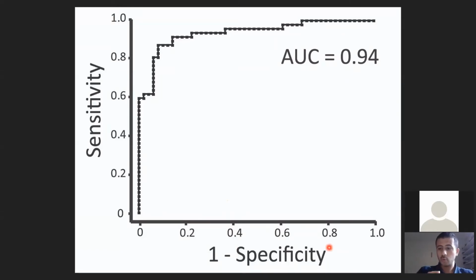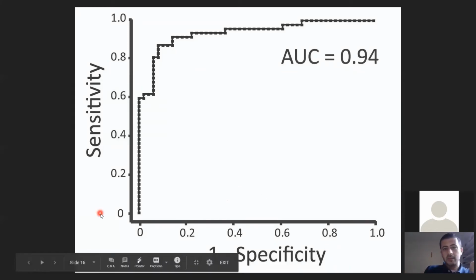Those two graphs, what do I use them for? Just imagine I'm taking the sensitivity and the specificity and putting them together like this. Do I need that number?